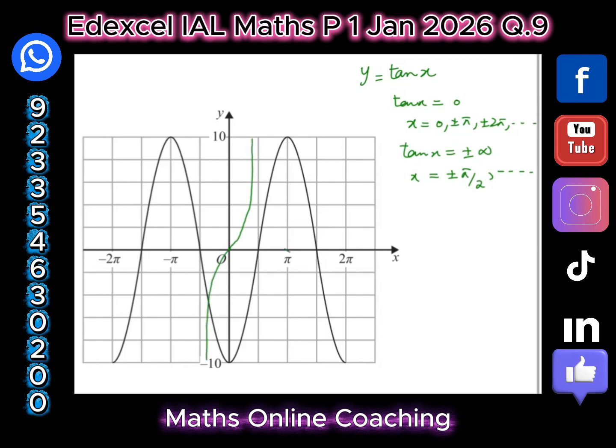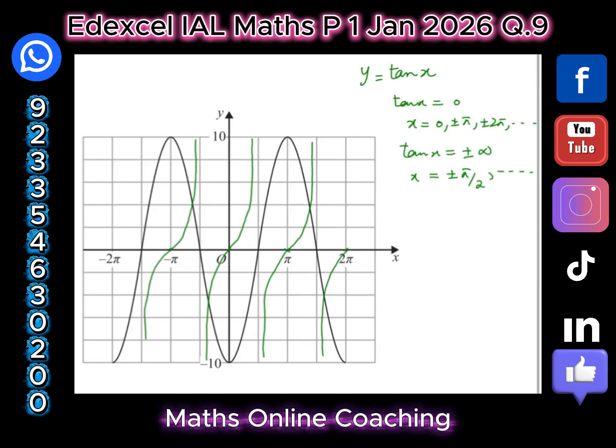Again, 0 at pi and move towards infinity. And here it moves towards minus infinity. Similarly, 0 at 2 pi and move towards minus infinity here. On the left side of the y-axis, this is 0 at minus pi, and the graph will be like this.